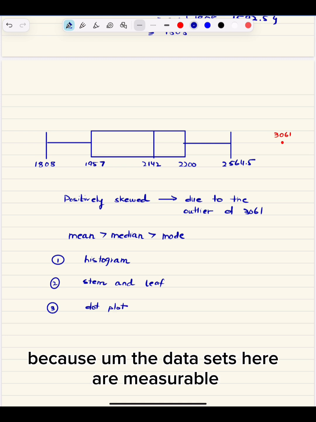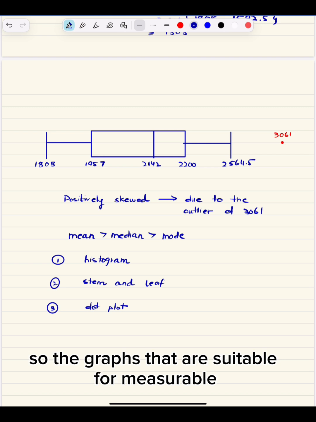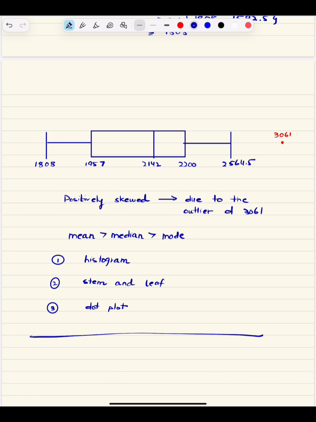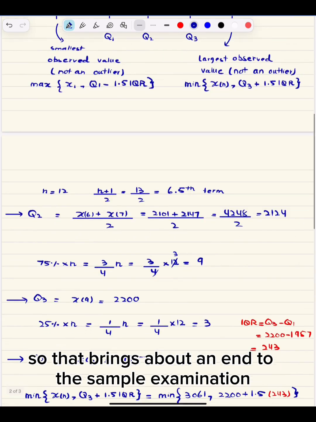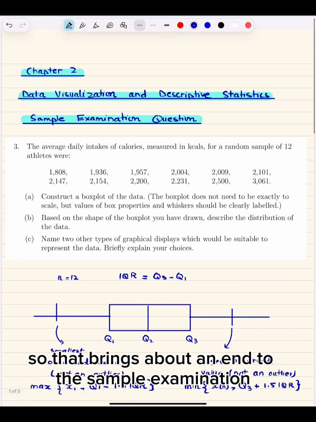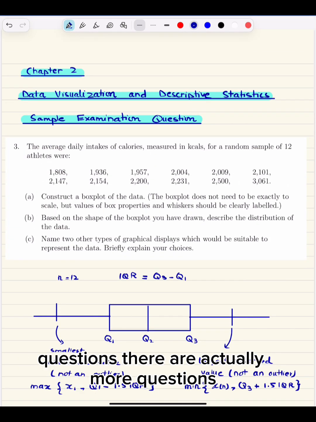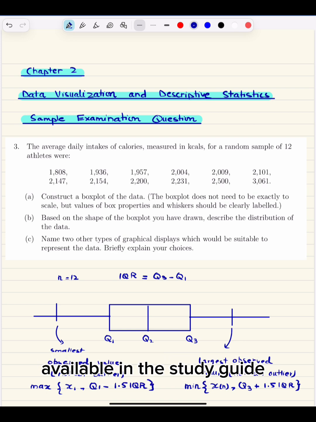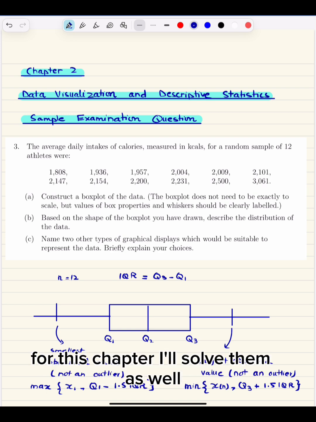Because the data here is measurable, these three are the graphs that are suitable for measurable variables. So that brings about an end to the sample examination questions. There are actually more questions available in the study guide for this chapter. I'll solve them as well.